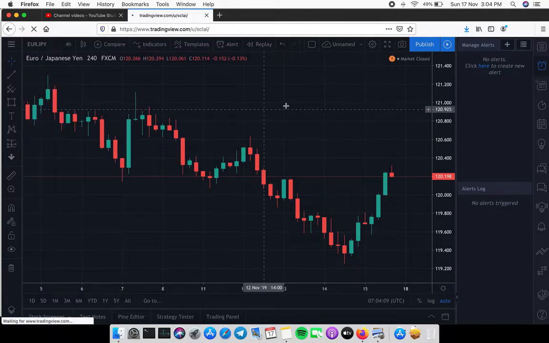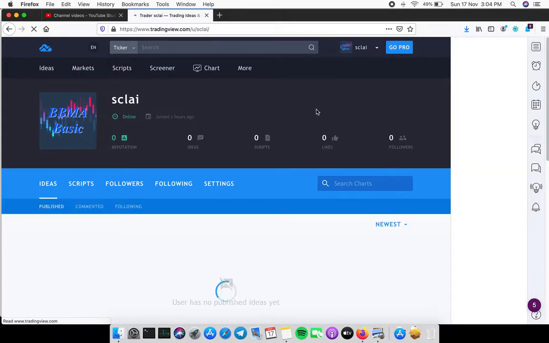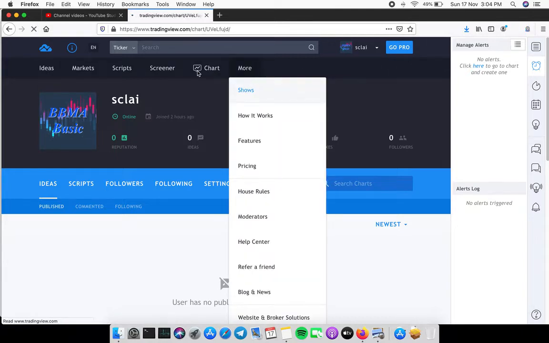I created a new free account because I got some feedback from the group saying that they are not able to see the indicator in TradingView. As you can see, I don't have the pro logo here, and it will often give us a pop-up and advertisement when we're doing our chart. So let's get into the chart.